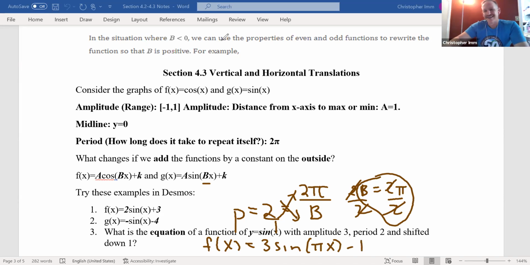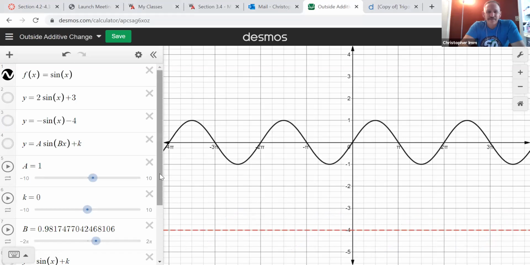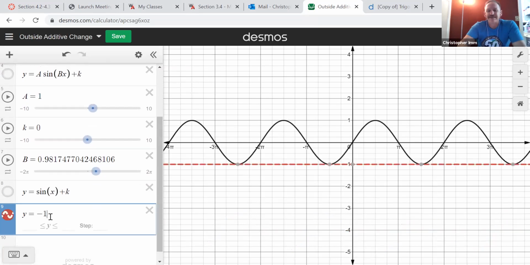All right, let's check it out. Nice job. And it looks like, if I want to even get fancy, I can move that midline down to -1. It just goes with the shift.